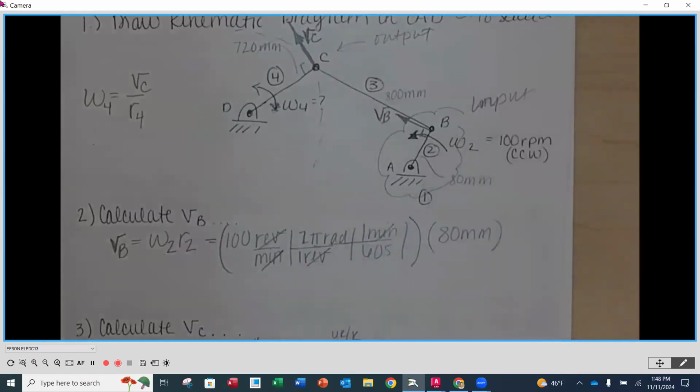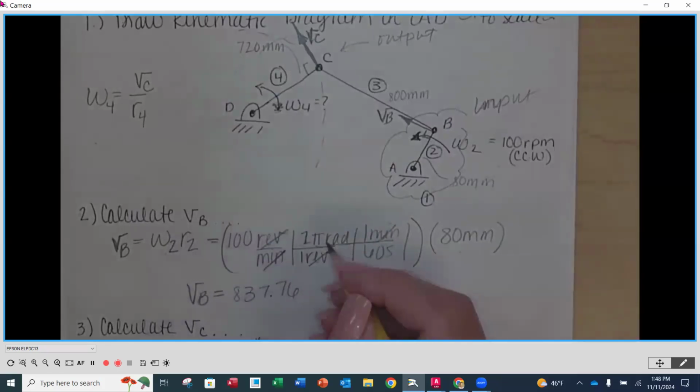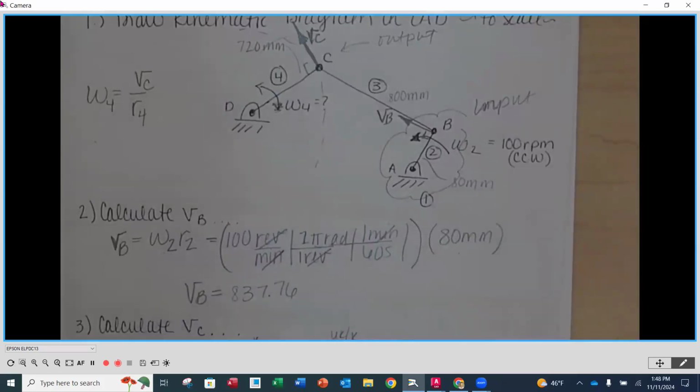So now I'm going to multiply across the top, 100 times 2 times pi, divided by 60 times 80. You should get a magnitude of about 837.76 as your value.